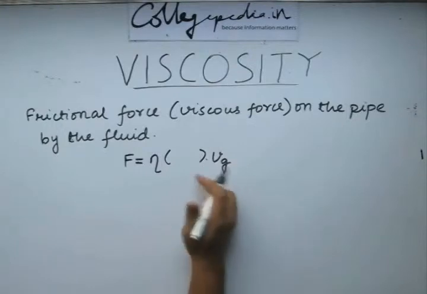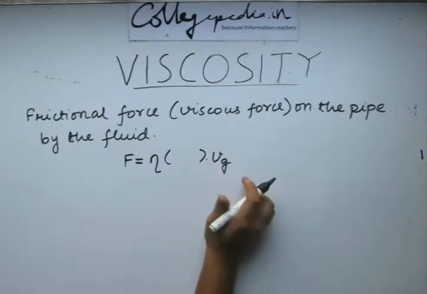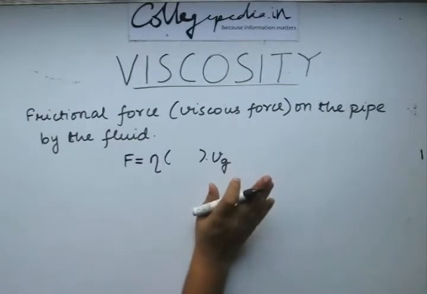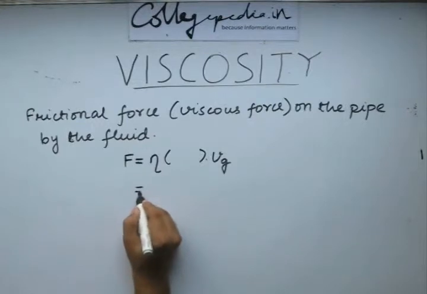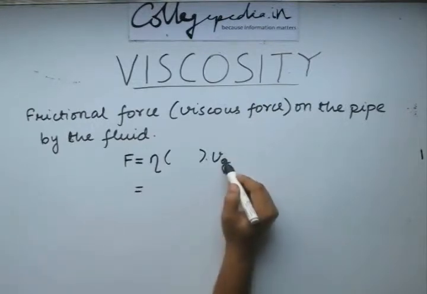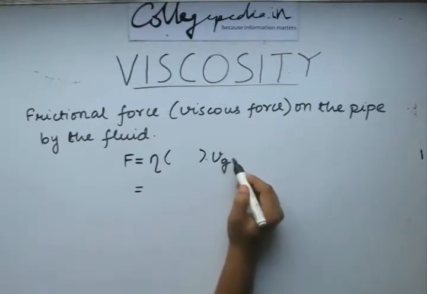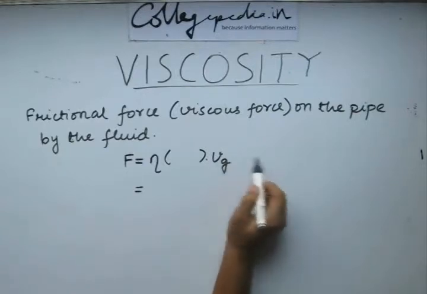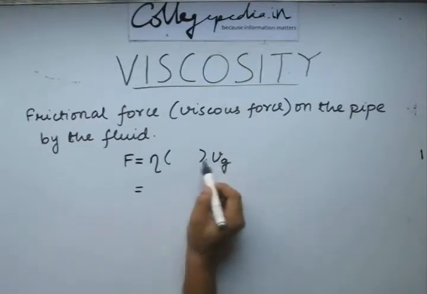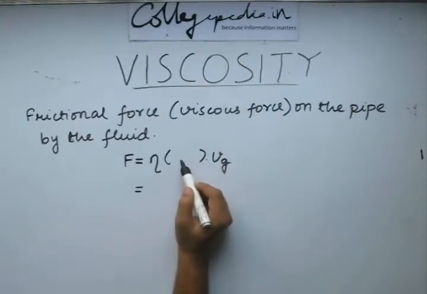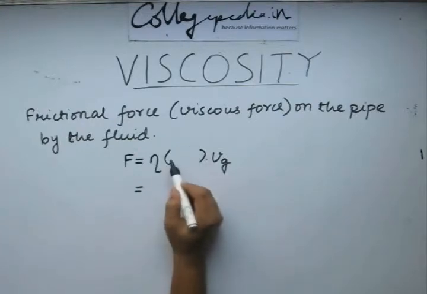Now, what are these quantities going to be equal to? The velocity gradient is going to be equal to what we have at the center line, multiplied with some cross sectional area, the surface area.